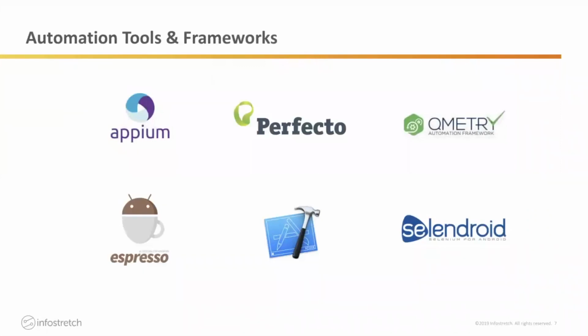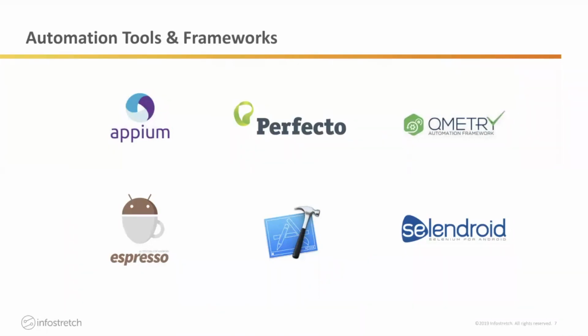Okay. So there are a variety of testing tools available in the industry to deal with native as well as hybrid app testing. Appium is one of the most powerful and largely adopted tools by the industry.